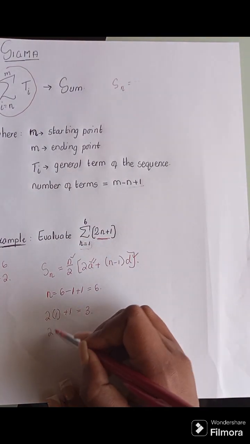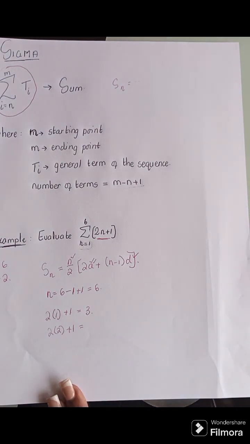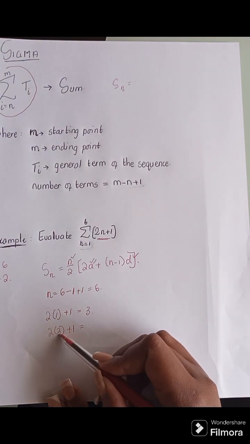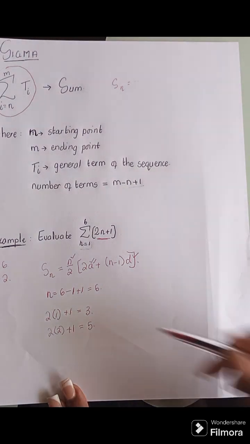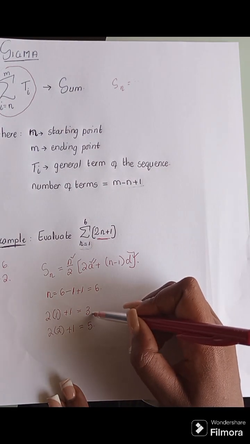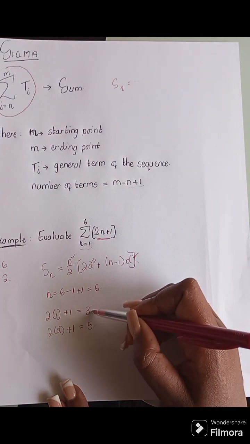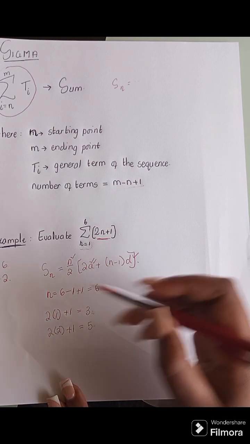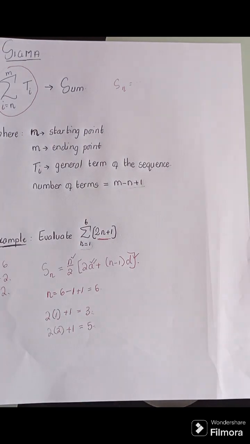So let's say 2 into 2 plus 1, that is going to be equal to, okay, 2 times 2 is 4, plus 1 it is 5. And then we want to find d, so we're going to say t2 minus t1. 5 minus 3, it is going to give us what? 2. So which means our d is also equal to 2.